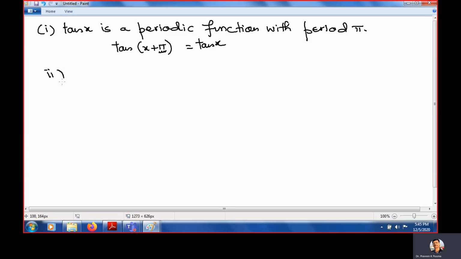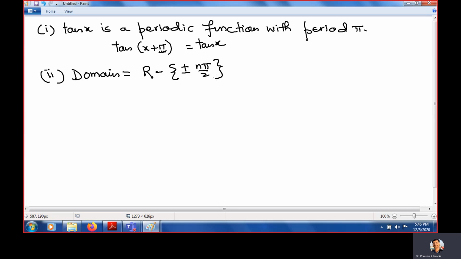Now point number 2 is domain. Domain is R minus plus or minus n pi upon 2. Clear? So x should not be equal to this; pi by 2 is not there.